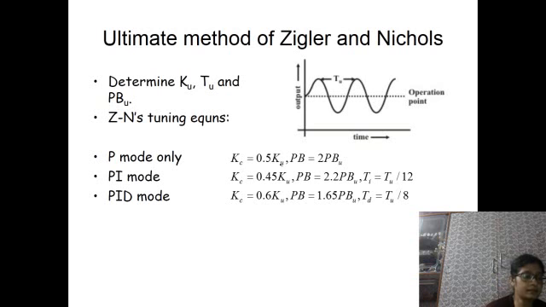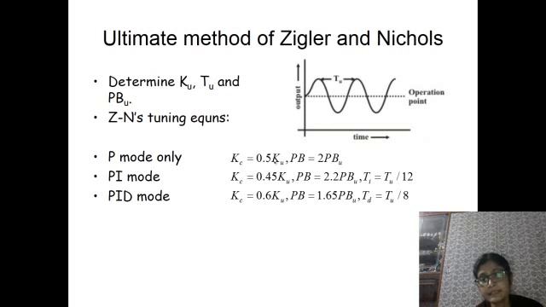That is treated as the ultimate gain Ku for constant oscillation, and this is the time period of oscillation, Tu. For the corresponding gain of the controller, the proportional band is Pbu.